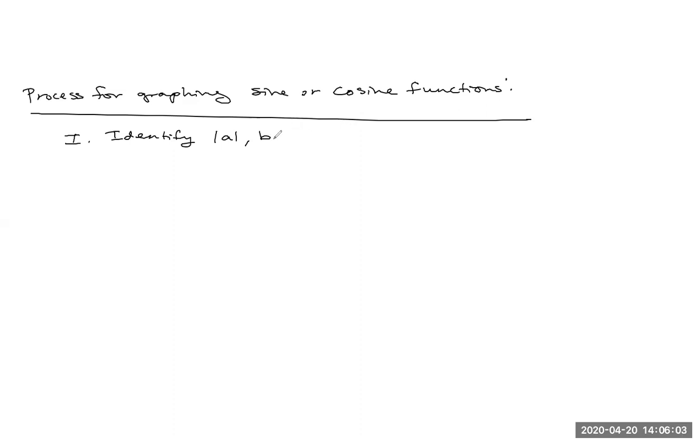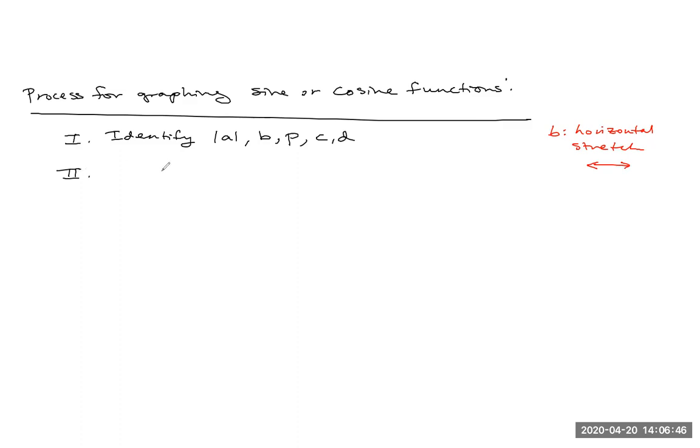Oh, and then actually, just in case, because I don't remember if I said B correctly, and I can't go back since I erased it. B is your horizontal stretch. Okay. All right, so we're going to identify A, B. From B, we're going to get P. We're also going to identify what C and D are.